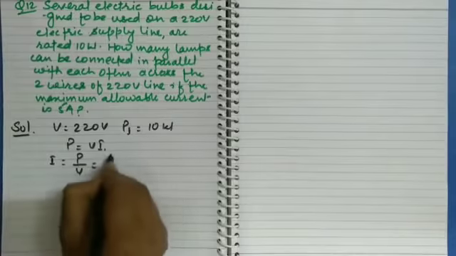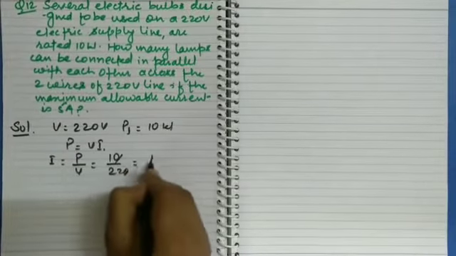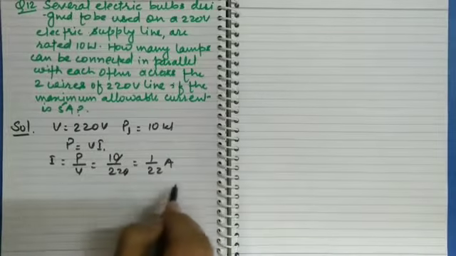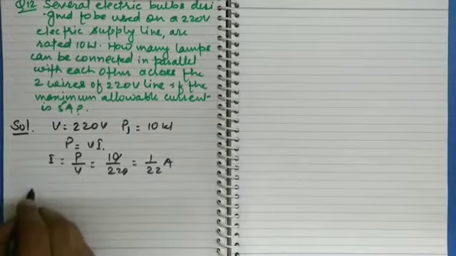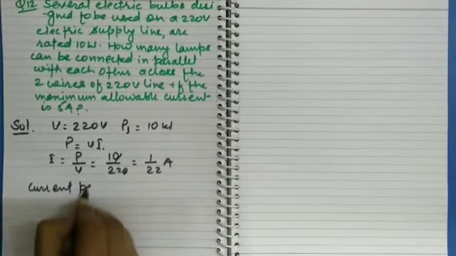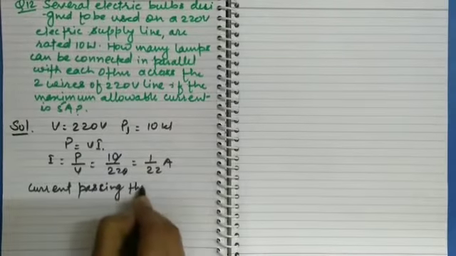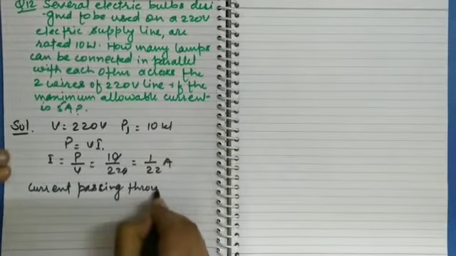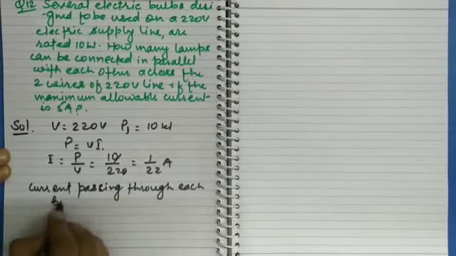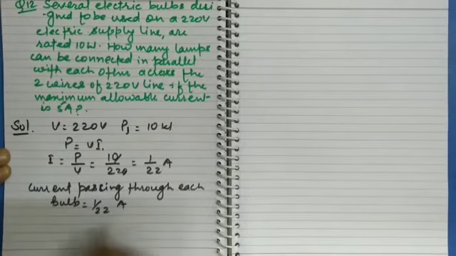P equals VI, so I equals P by V, equals 10 by 220. Then the current flowing through a single bulb equals 1 by 22 ampere.